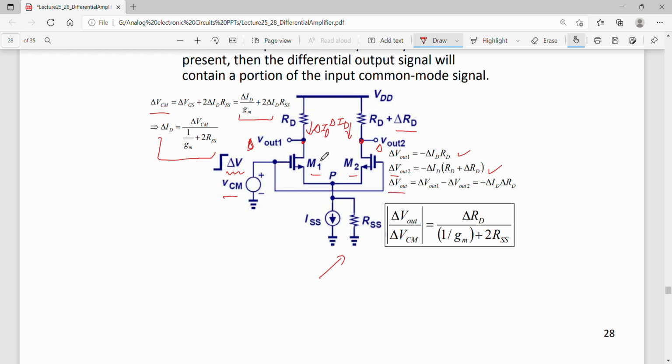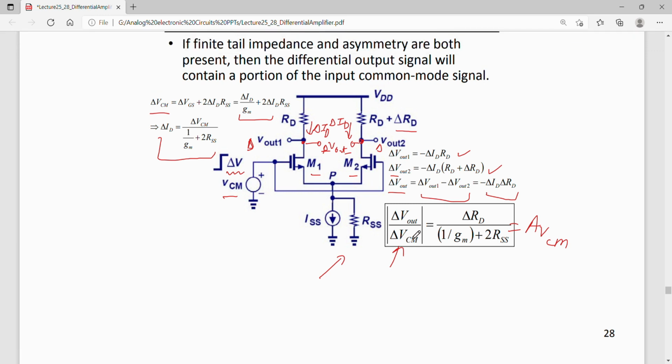Then the change in differential output, which is V out 1 minus V out 2, or delta V out 1 minus delta V out 2 in this case, is equal to minus delta ID times delta RD. And then I can find the gain, which is again the common mode gain, as delta V out, the change in differential output, divided by the small change in the common mode input.